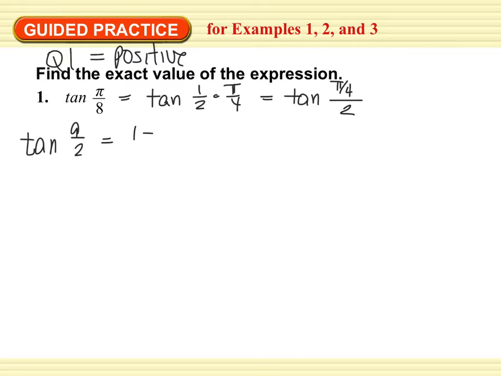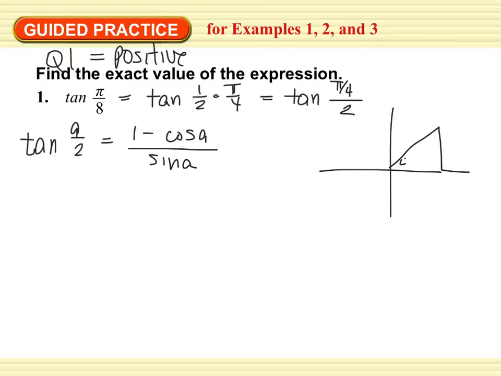I'm going to use 1 minus cosine A over sine A. So for 45 degrees, and I'm in quadrant 1, I get 1, 1, and square root 2. So 1 minus cosine A is adjacent over hypotenuse, and sine A is opposite over hypotenuse. Let me straighten that out.